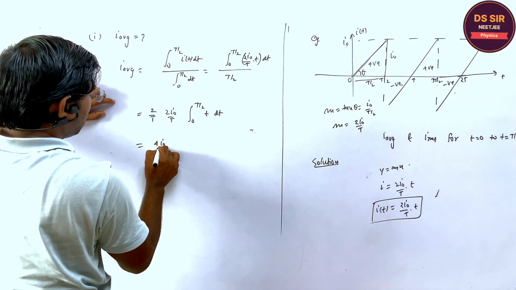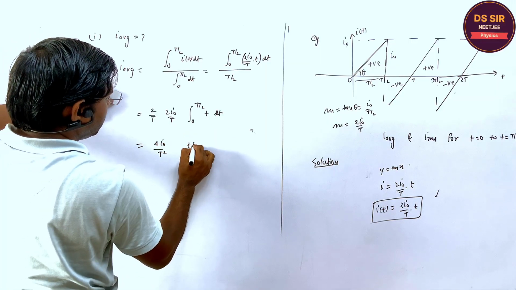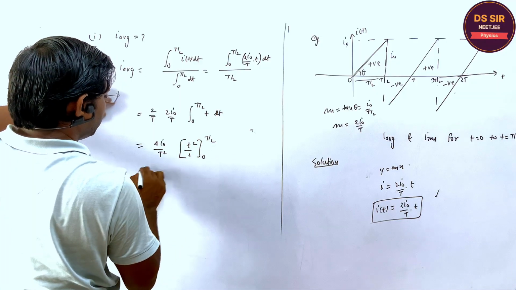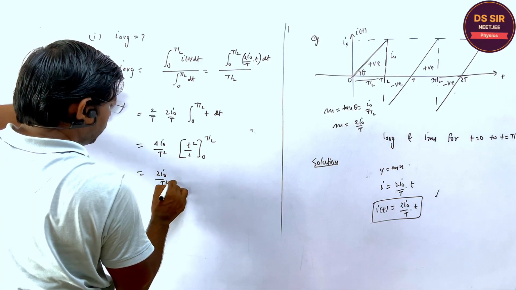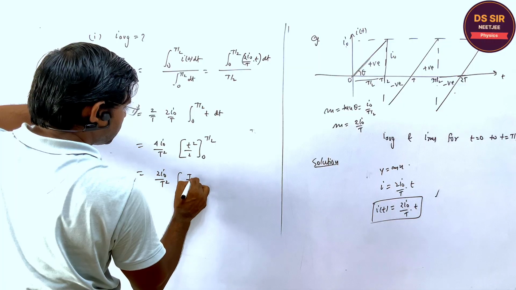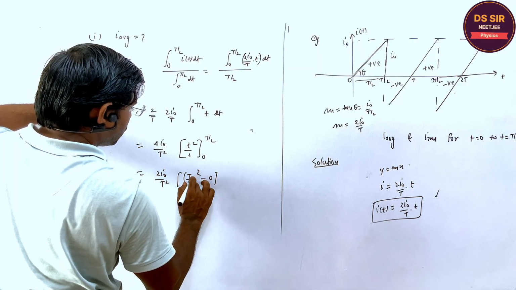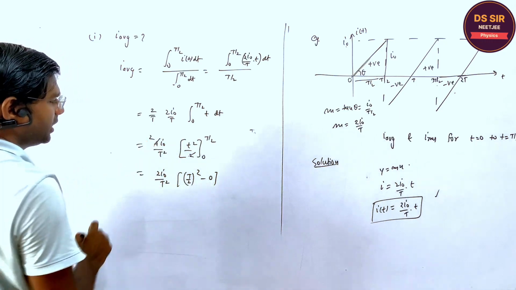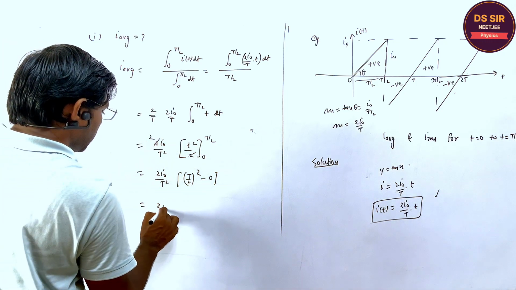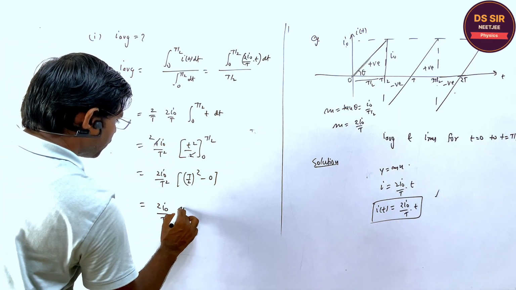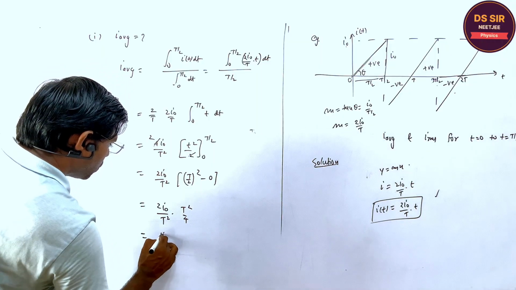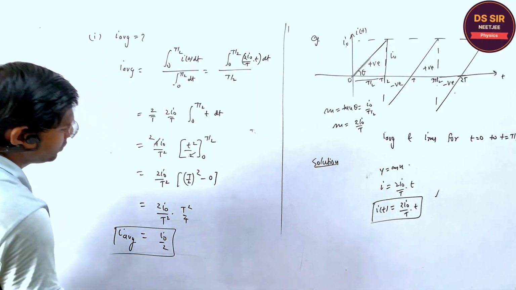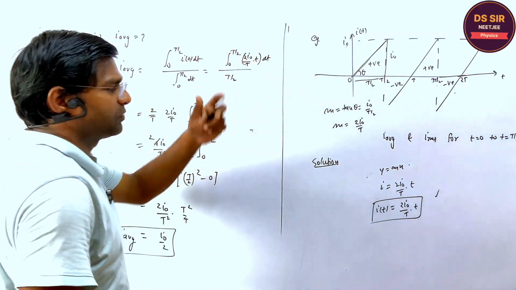This is 4I naught t squared by 2 from 0 to T/2. You will simplify this. This is (T/2) whole square minus 0, right? The 2, 1, 2 will cancel out, so that is why it is 2I naught upon T squared by 4. So I naught by 2. So what is the average value? The average value is I naught by 2 for this function.